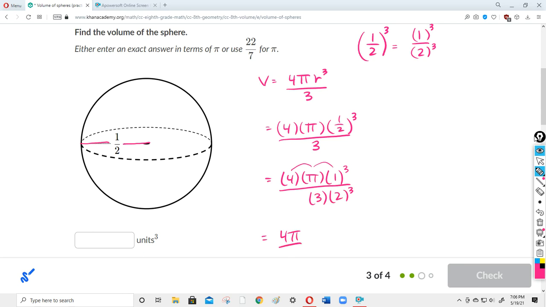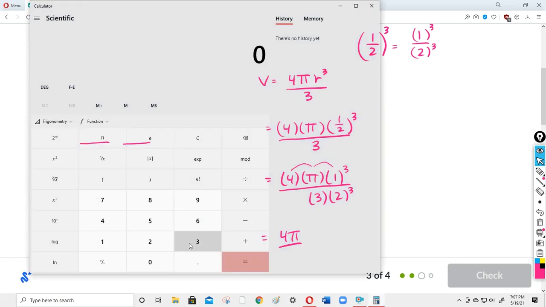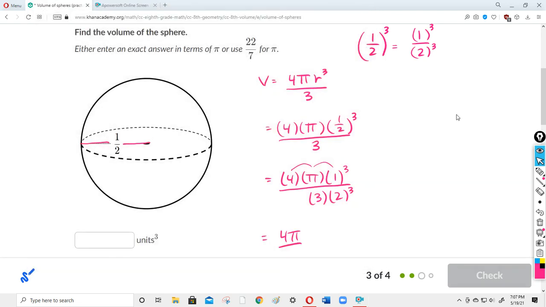So on the calculator, I'm going to do 3 times 2 to the third power. And that's 24. Alright. So in the denominator, we have 24. Okay. Let me see if Khan makes you reduce that fraction. 4 pi over 24.